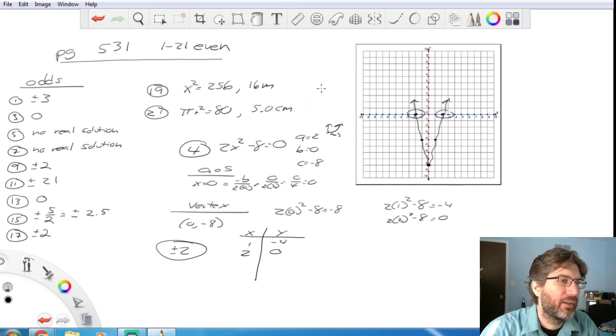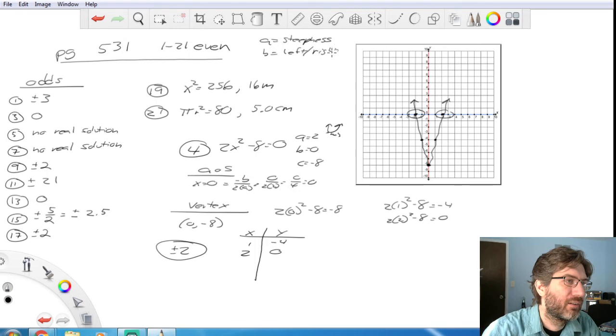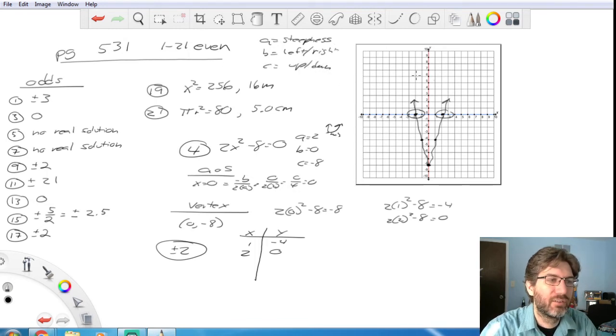Your A value gives you steepness, how steep that curve is. Your B value gives you left and right. And your C value gives you up and down. So you're just moving that around.